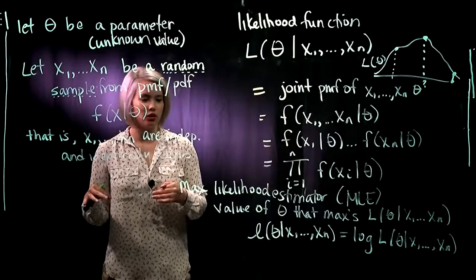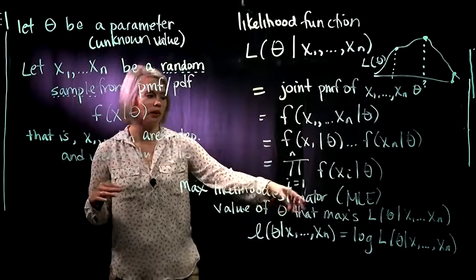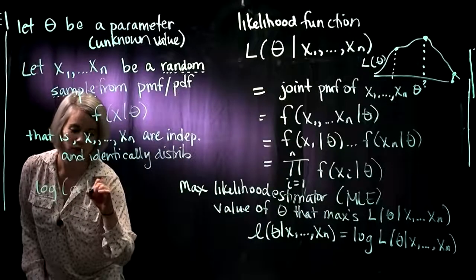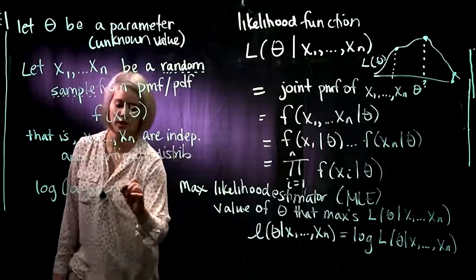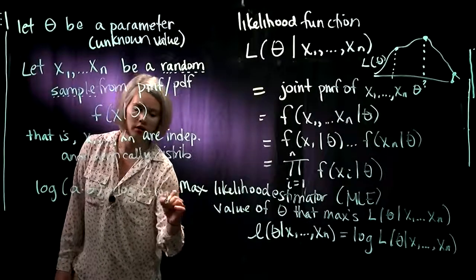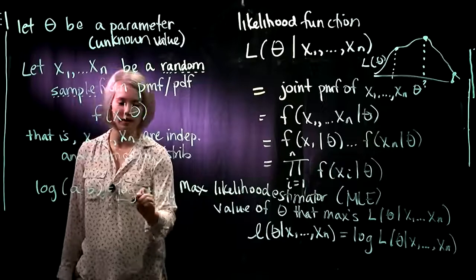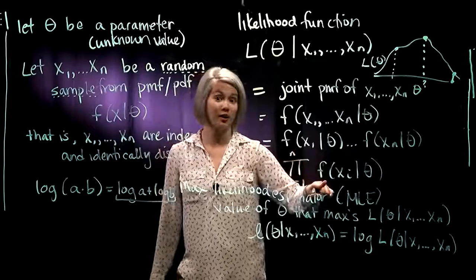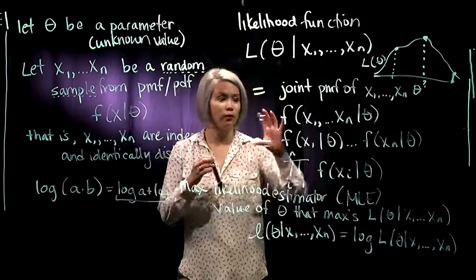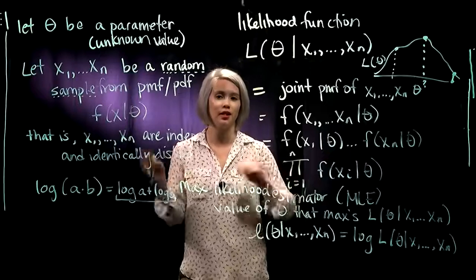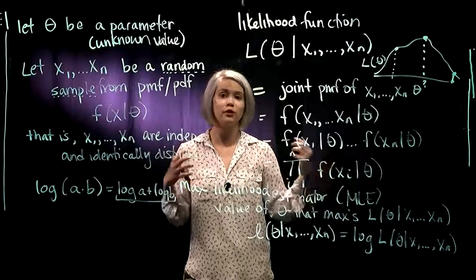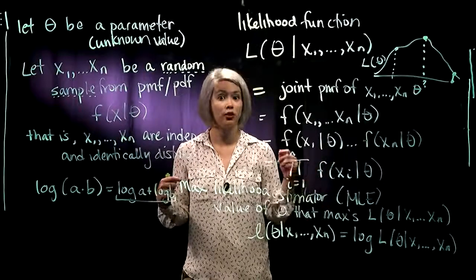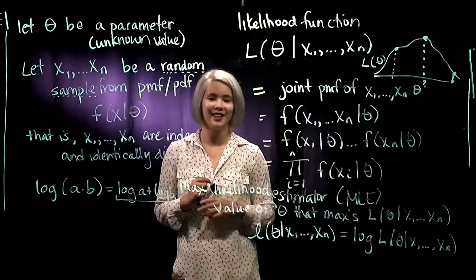And it's just a lot easier to use log because, remember, if we're taking the log of a product, that's just the sum of the logs. So it's a lot easier to take the derivative of a sum than it is to take the derivative of a product like this. So most of the time we want to write down the likelihood, then take the log, and then we can take our first derivative, set that equal to 0, find that maximizer, and then take the second derivative to make sure that we actually have a maximizer and not a minimizer.